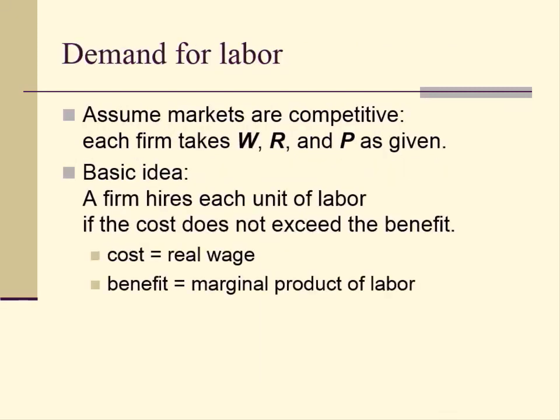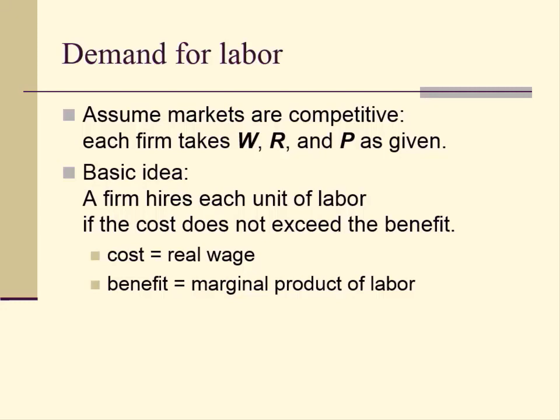What about demand? Here we assume markets are competitive and each firm takes nominal wage, nominal rental rate, and price of goods as given. And the basic idea here is that a firm hires each unit of labor if the cost does not exceed the benefit, that is, as long as marginal benefit is larger than or equal to marginal cost.